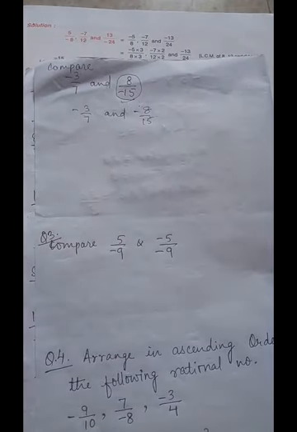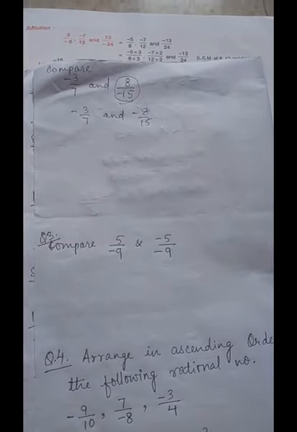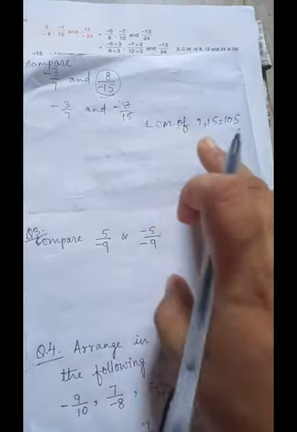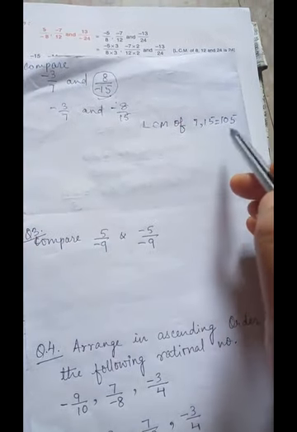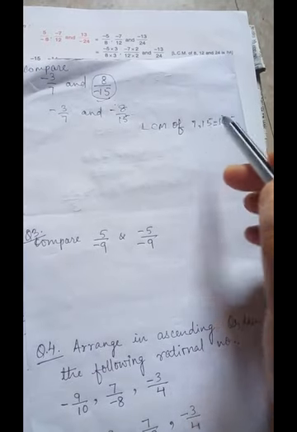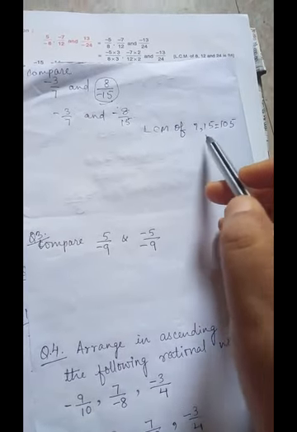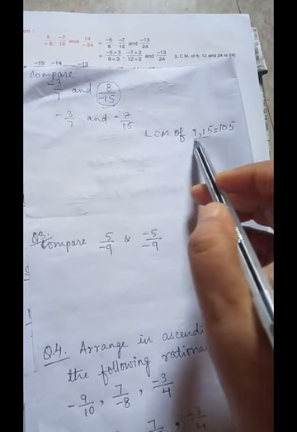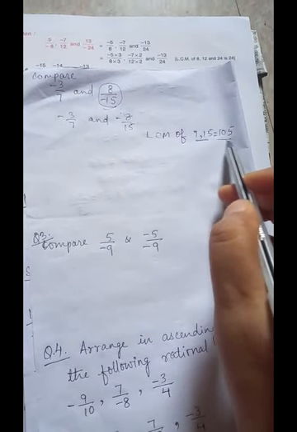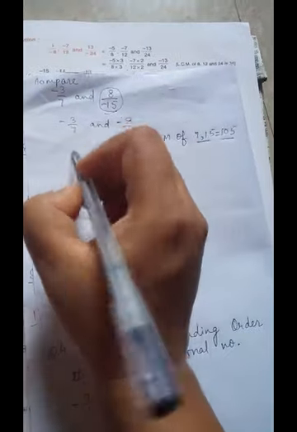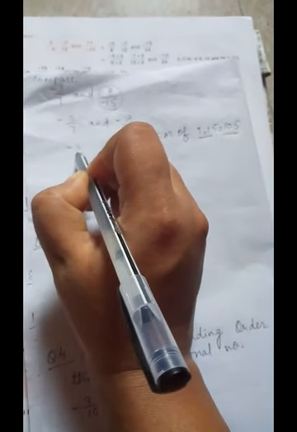So now you have to take the LCM of 7 and 15. So LCM of 7 and 15 is 105, since they don't have any common multiples. So we will multiply these two. So 105 will be your answer. Now let's make this 3 by 7.